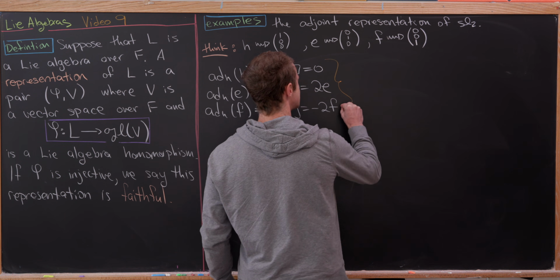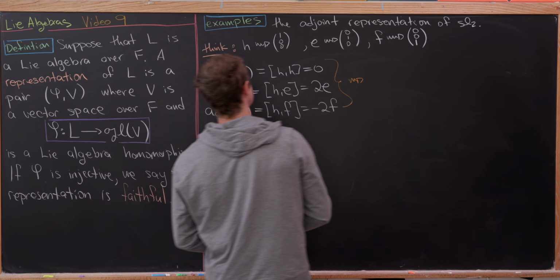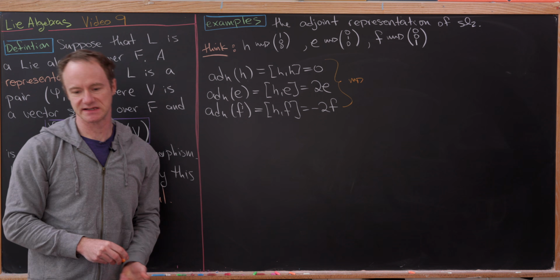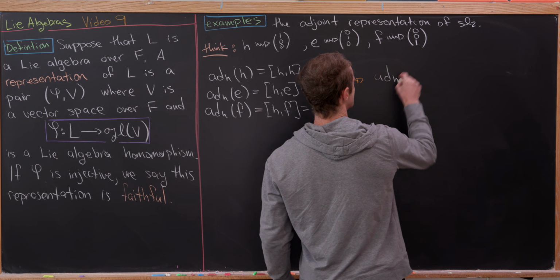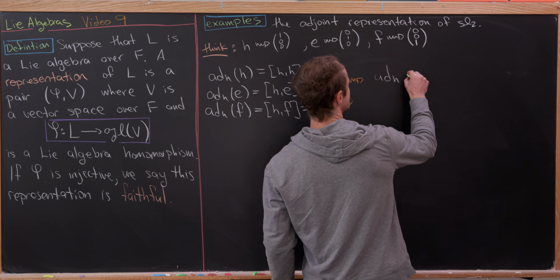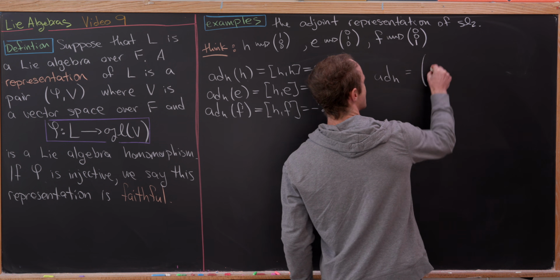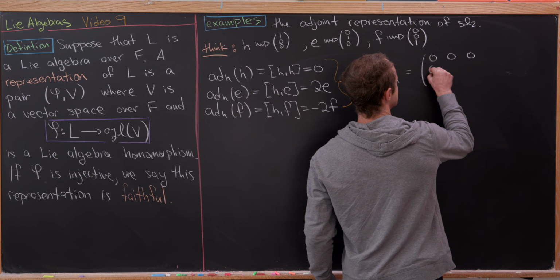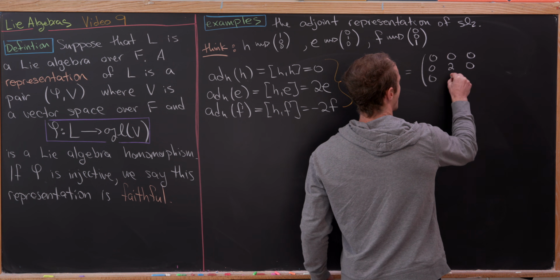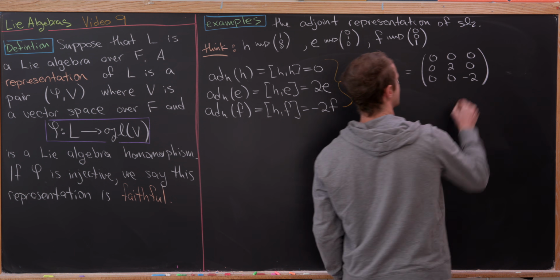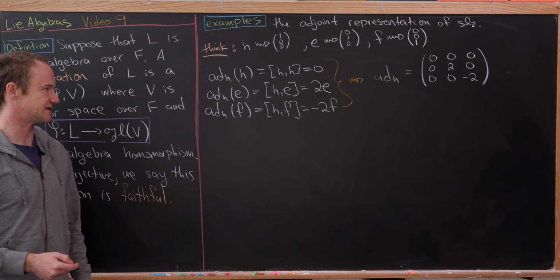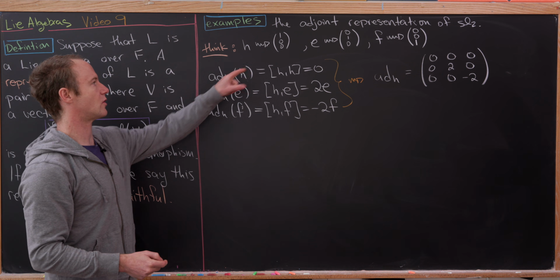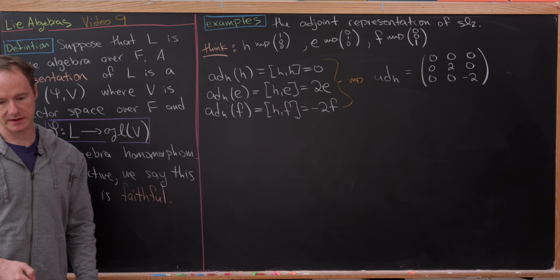These equations tell us that ad H is represented by a diagonal matrix. If you apply it to H, you get a scalar multiple of H, the zeroth multiple. If you apply it to E, you get a scalar multiple of E, and likewise for F. So in the basis we've assigned, ad H is given by a diagonal matrix where the first entry on the diagonal is 0, the second is 2, and the third is -2, just by the roles that E and F are playing.